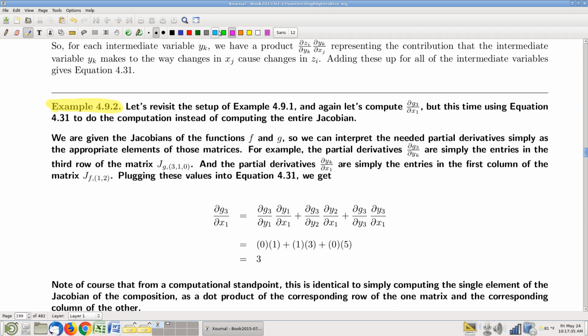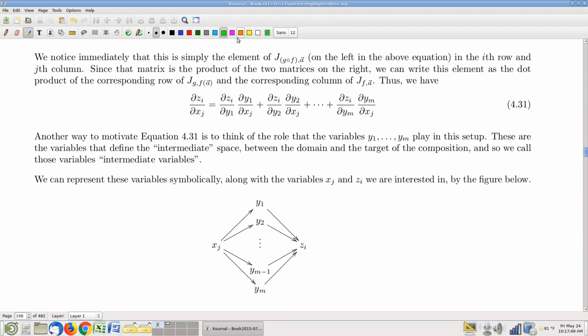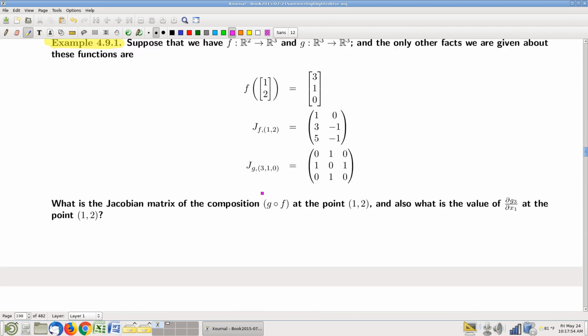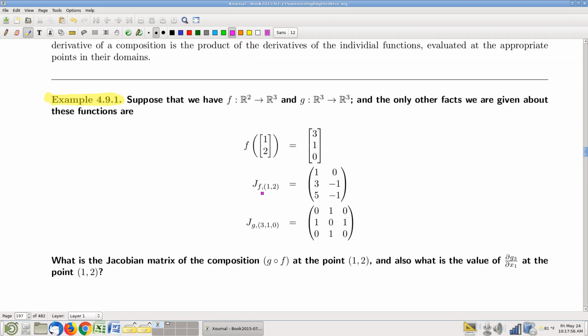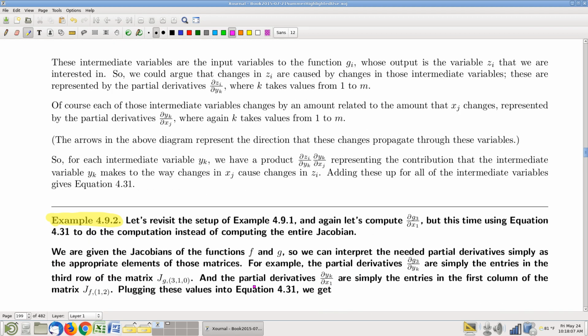So we have here, again, we want to know the partial of G3 with respect to X1. Well, between G3 and X1, there are several intermediate variables. The intermediate variables in there are, I guess I've already erased my little road map, but the three variables here that are sort of in between. Right. So I need to know, said differently, well, let me just come down here.